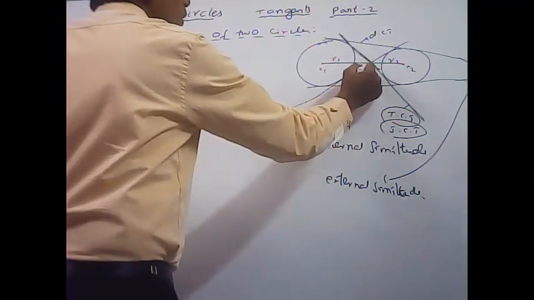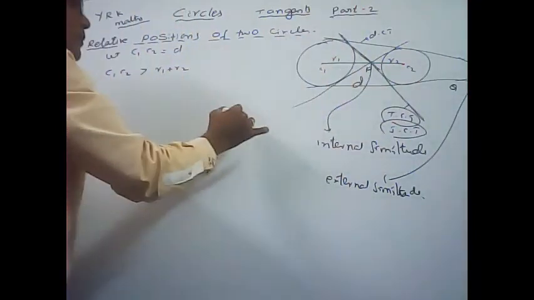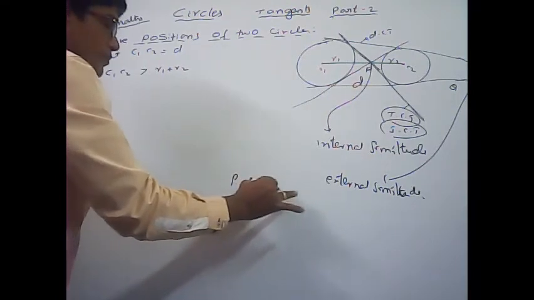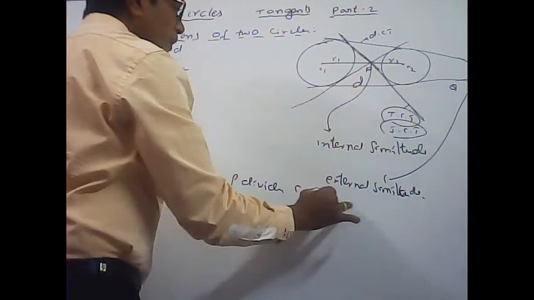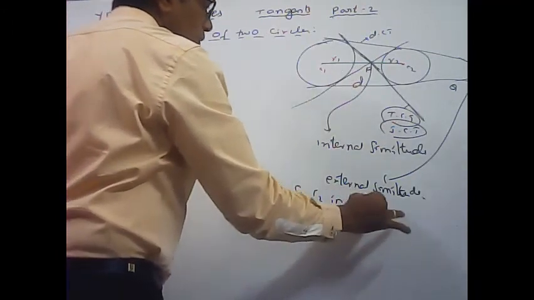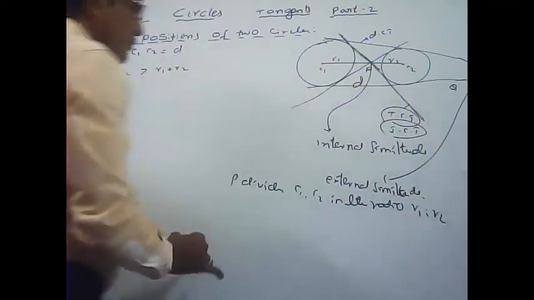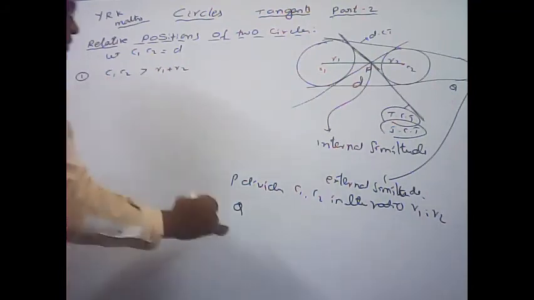Here, the internal similitude I am taking as P, and the external similitude I am taking as Q. Here P divides C1C2, these two points, in the ratio R1 is to R2 internally. Q is the point of intersection of the direct common tangents, that one we say is the external similitude.